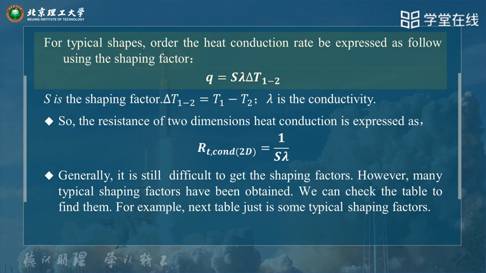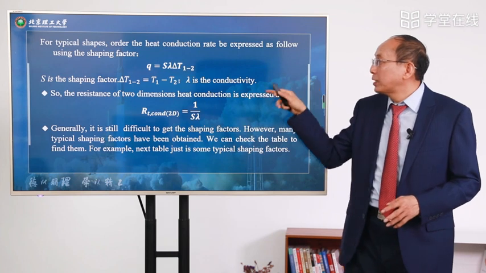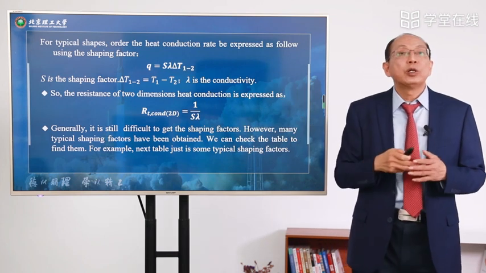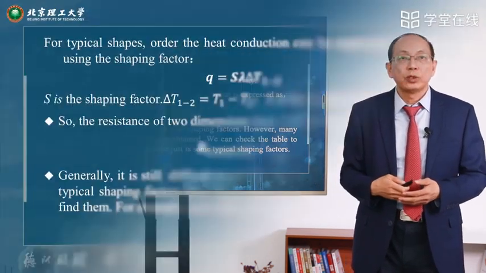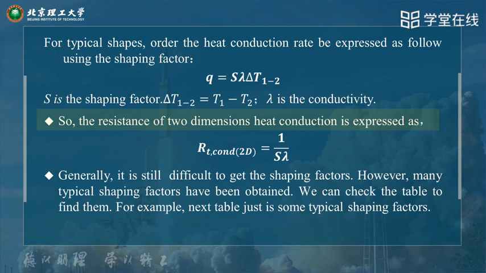Q equals S lambda delta T1-2. Delta T1-2 is the temperature difference, the capital S is the shape factor, and lambda is the conductivity. In most cases, we can use this equation to calculate the solution.